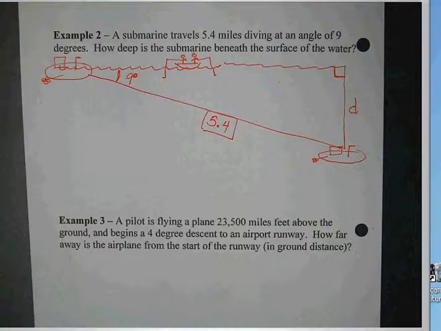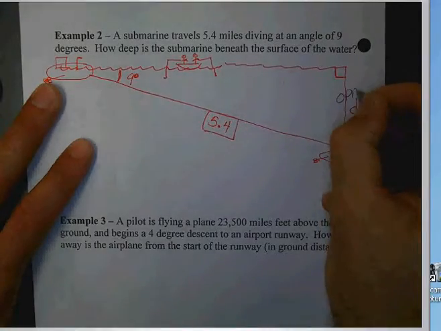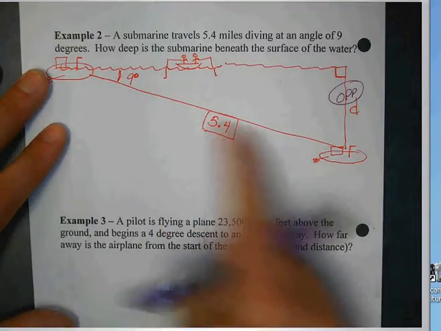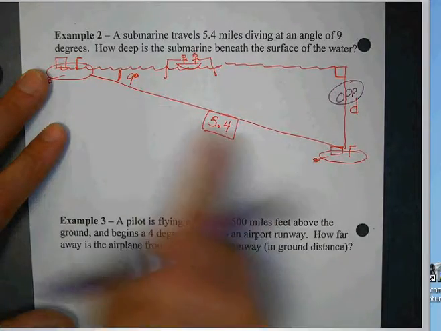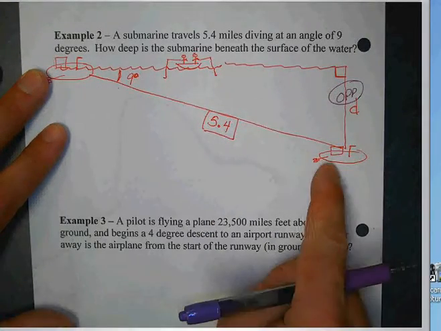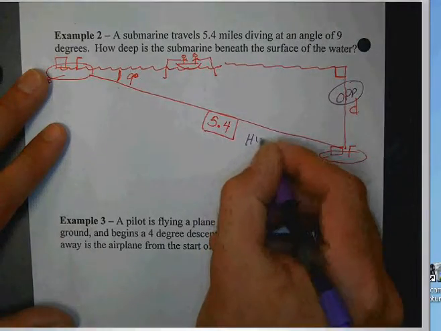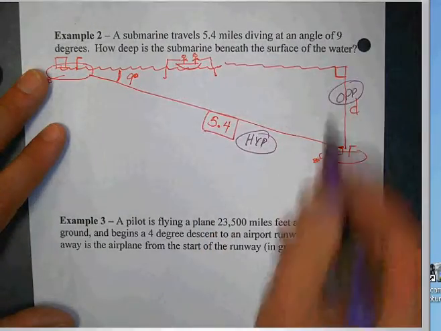No. So that's opposite. Adjacent means next to. So let's write opposite over here. This long 5.4, is that the adjacent or the hypotenuse? That's the hypotenuse because it's across from the 90 degrees. So the water is the adjacent.